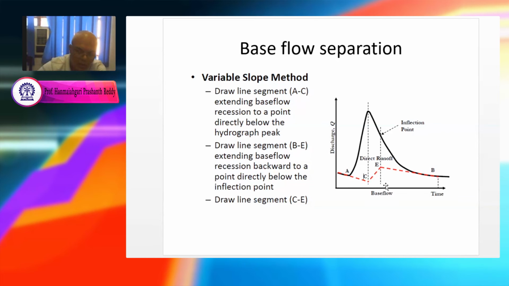No, sir, I am talking about that inflection point, the one on the right side. Which one? B? No, sir, this one. How is this an inflection point? Okay, this inflection point is the starting point of the recession limb. Here it is not clear. You look at this figure.